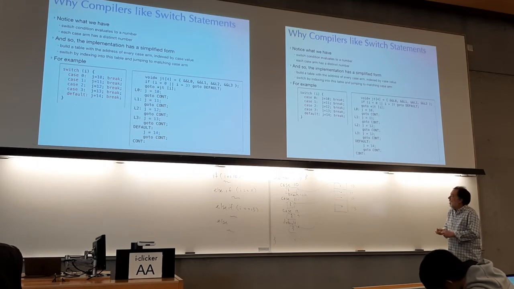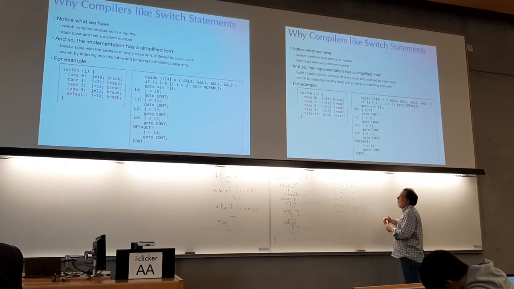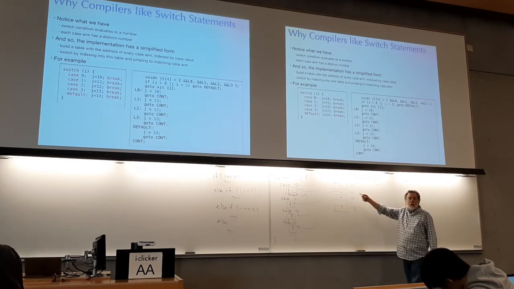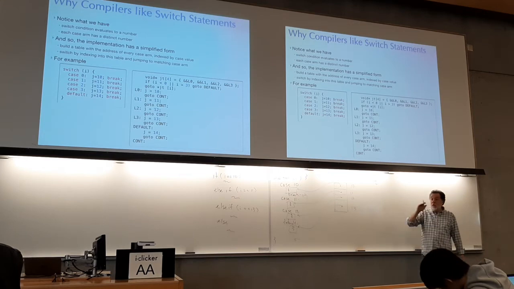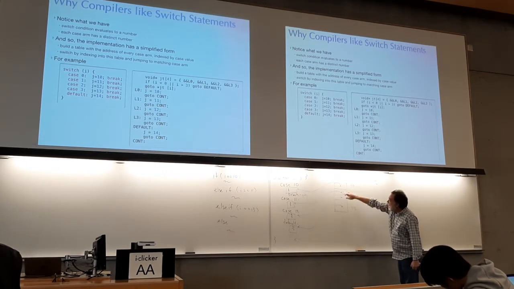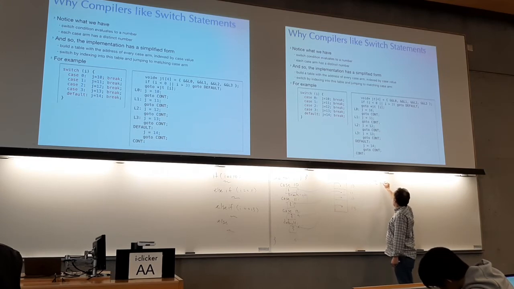Having done that, now what we can do is generate the following code. So I'm going to take i and normalize it by subtracting the lowest case label. So this temporary variable t will be an index into this table. So I'll say t equals i, in this case minus 10.